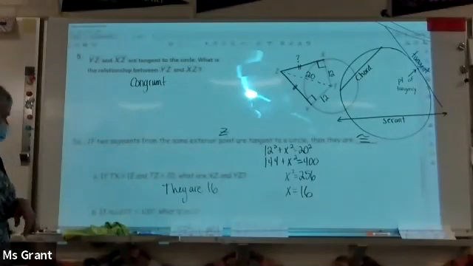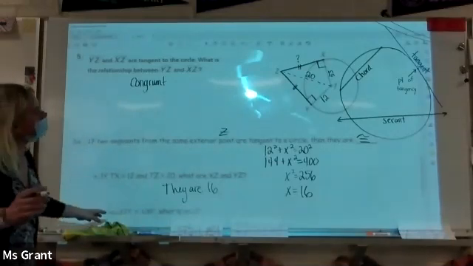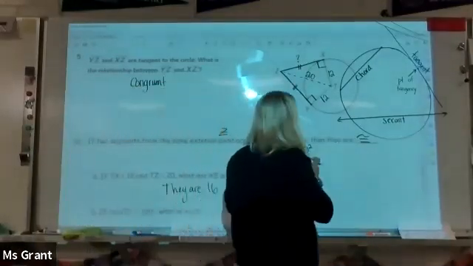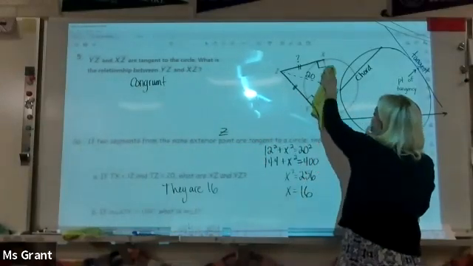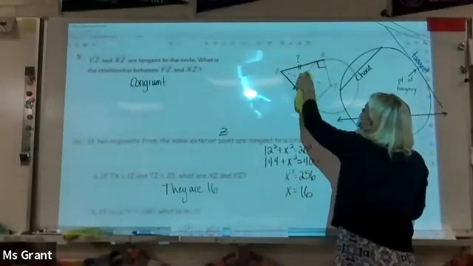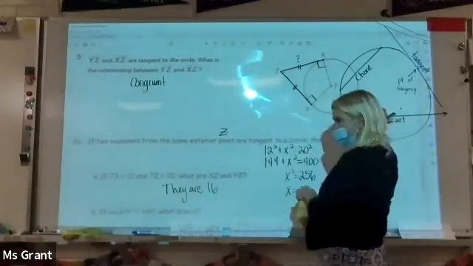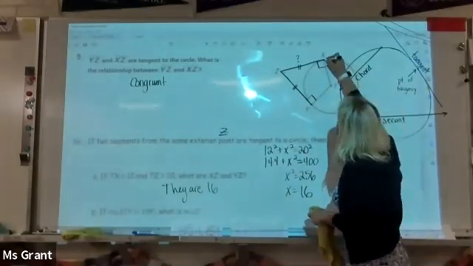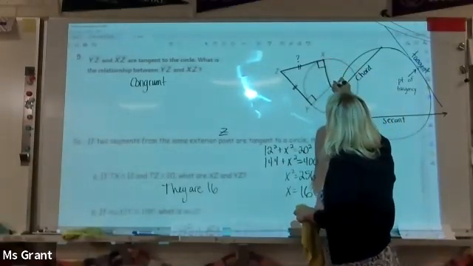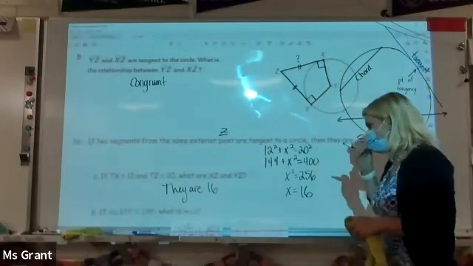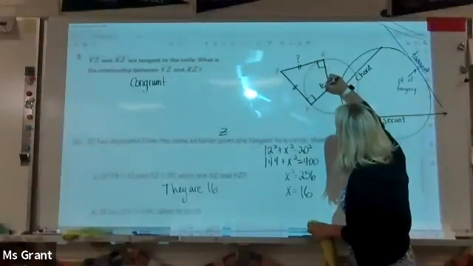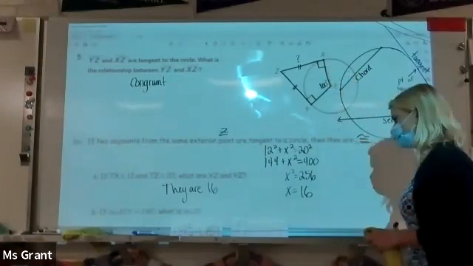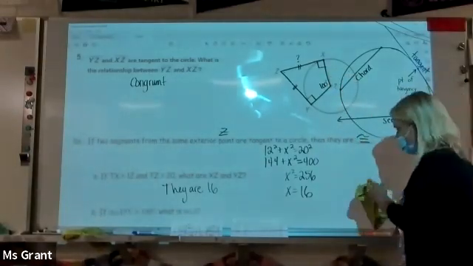Okay, part B. If the measure of angle XTY is 100 degrees, now I need to not care about the 12 and the 20 anymore. What is the measure of angle Z?